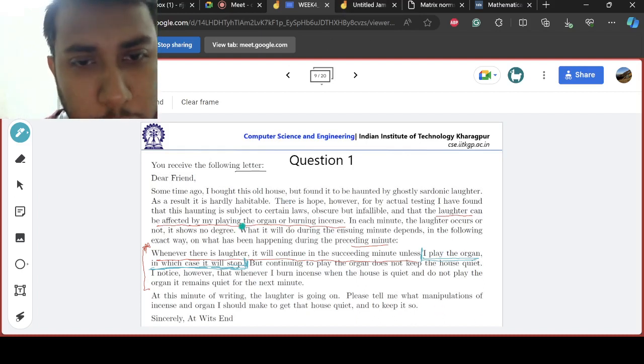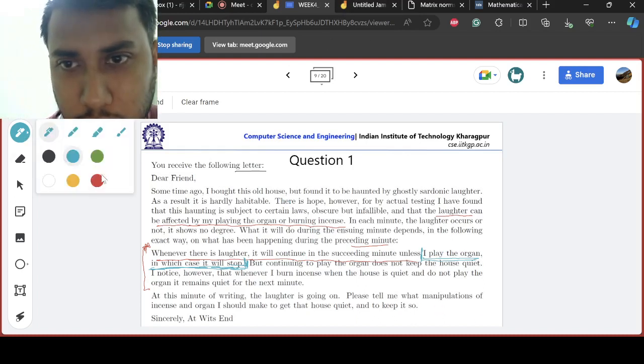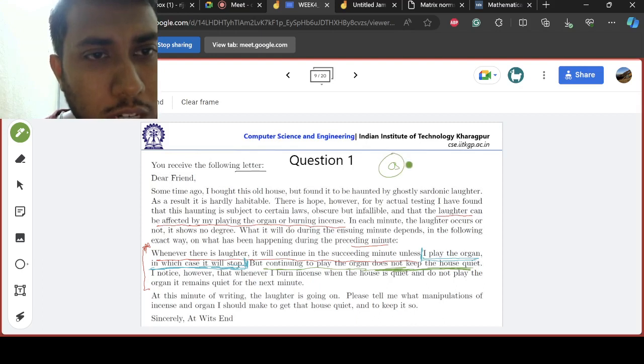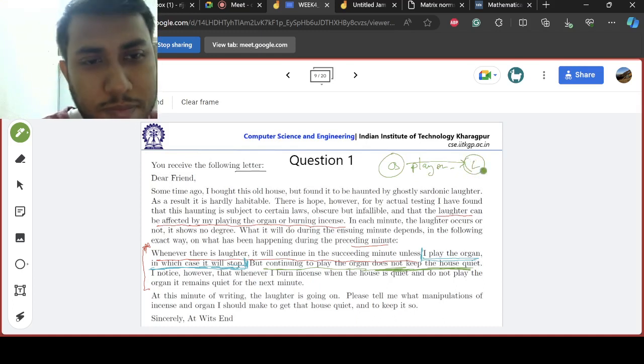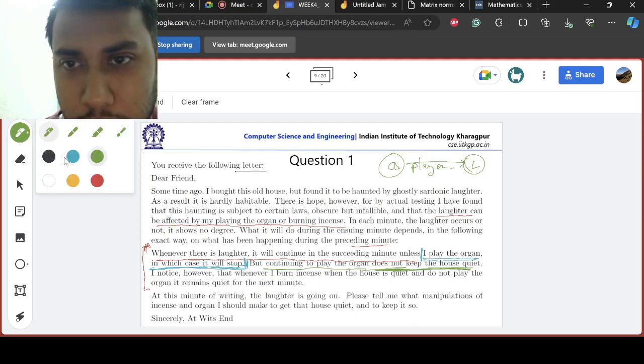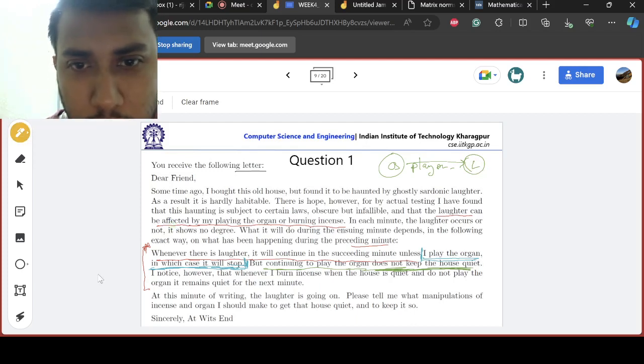And also look at this part. Continuing to play the organ doesn't keep the house quiet. So if you are in the quiet state and you play the organ, it goes to the laughing state again. Now the last part is this.